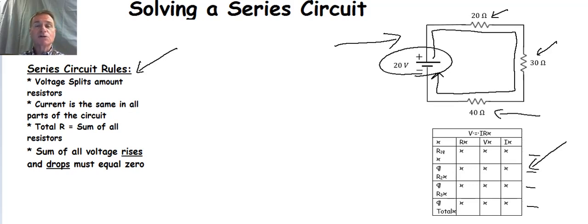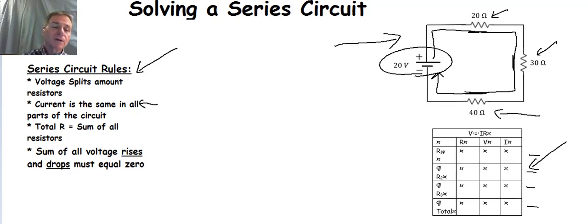A series circuit is one where the current has only one path, or there's only one loop in the circuit. The same current has to travel through the 20 ohm resistor, the 30 ohm resistor, and the 40 ohm resistor. And so the current is the same in all parts of the circuit.